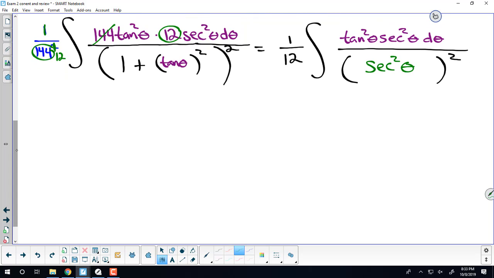Okay, so then we get 1/12 tangent squared. We have secant squared over secant to the 4th, so that's over secant squared.